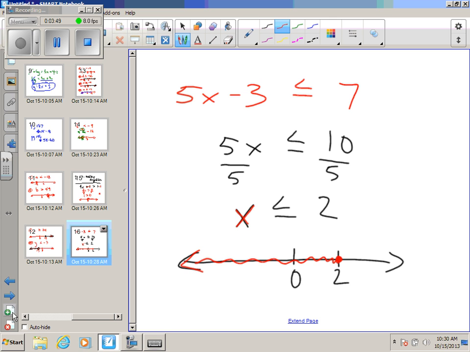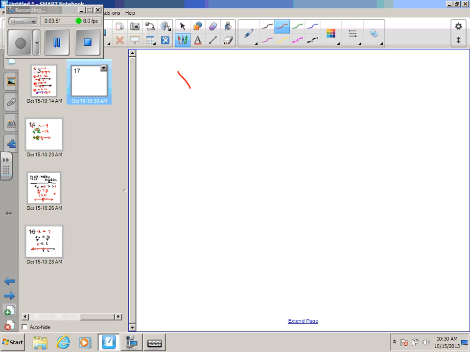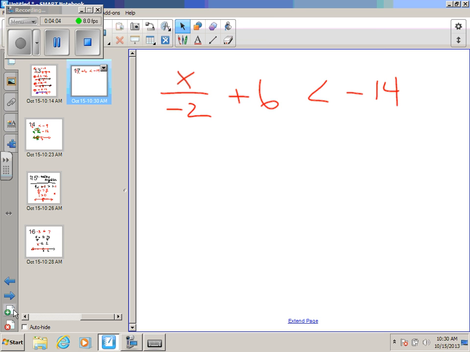One thing you'll need to be aware of is a situation like this. X divided by a negative 2 plus 6 is less than a negative 14. First things first, let's do what to both sides? Subtract 6. So if I have an x over a negative 2, I'm already at a negative 14.